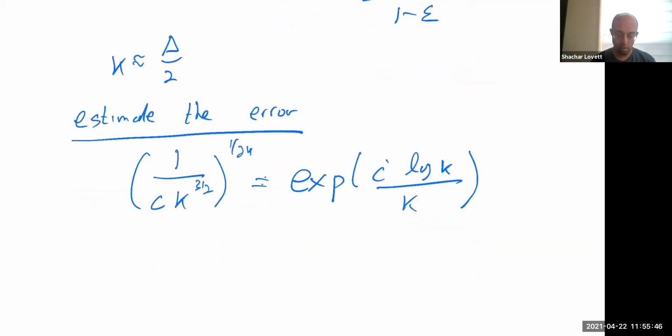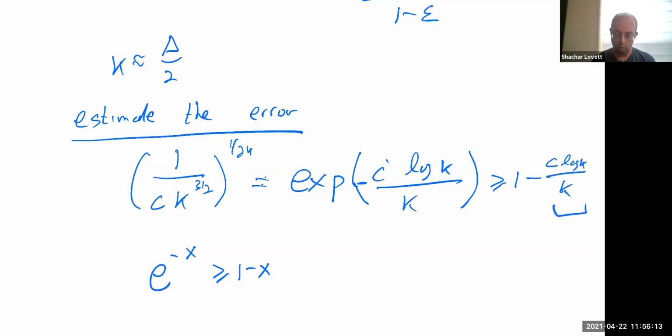And we know that, in fact, it's going to be a minus here because it's 1 over something, it's less than 1. And we know that e to the minus x for any x is going to be at least 1 minus x. That's like the first order Taylor approximation of e to the minus x. So all of that is going to be at least 1 minus some constant log k over k.